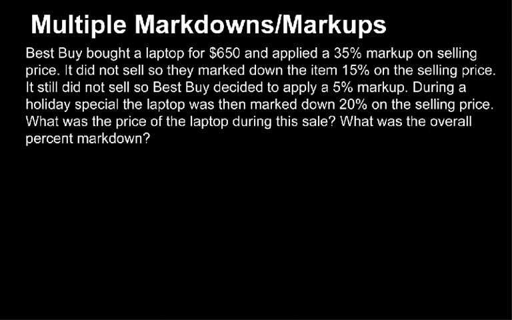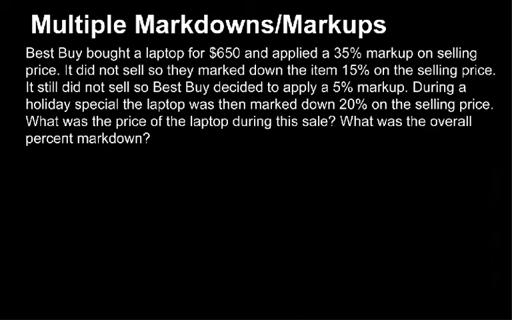Alright, now the next problem is actually a situation where we have multiple markdowns and markups. So when we read the problem, it says Best Buy bought a laptop for $650 and applied a 35% markup on selling price. Now right there is your first step in the problem. We have to figure out what is the selling price. Now it goes on to say they did not sell, so they marked the item down 15% on the selling price.